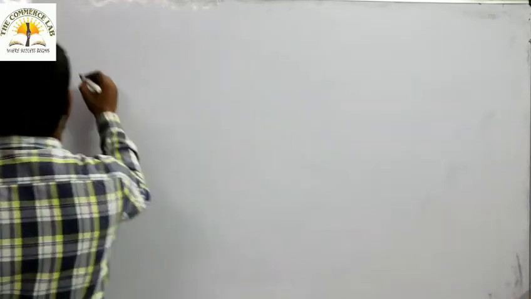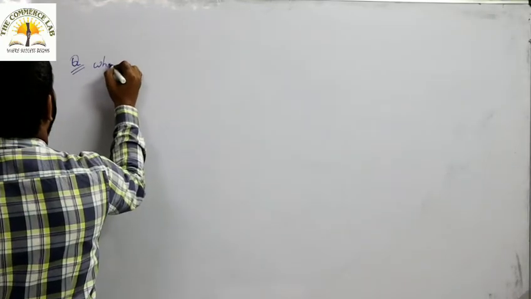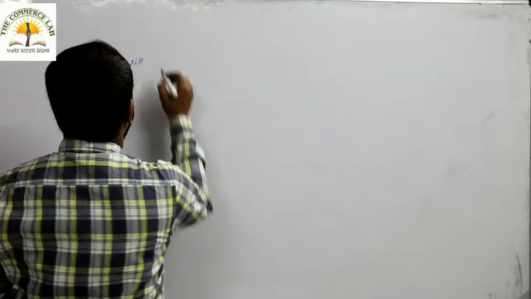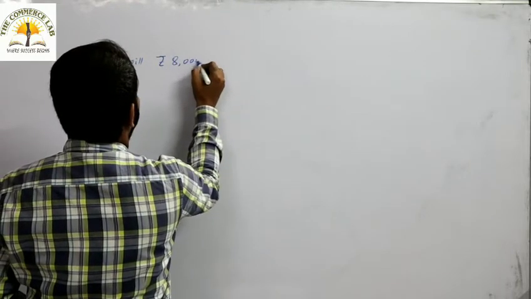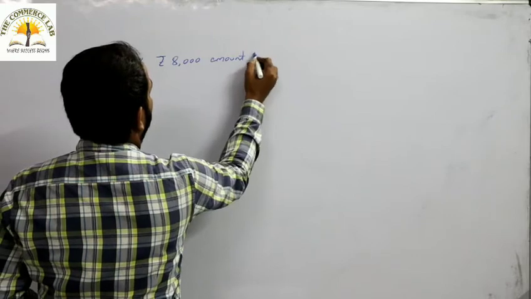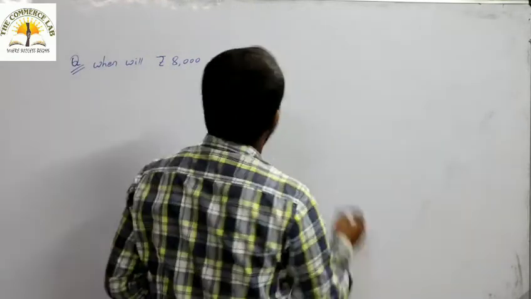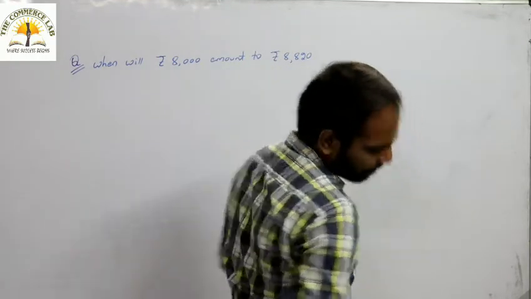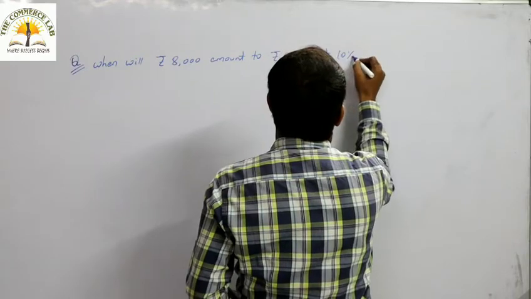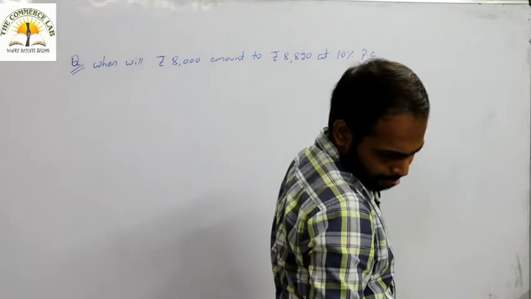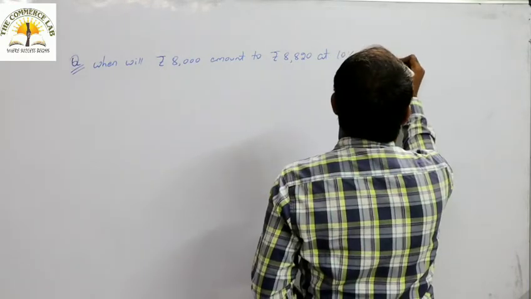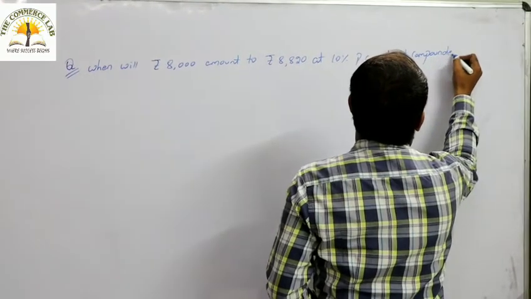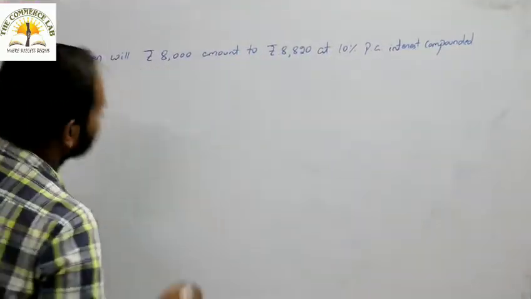When will rupees 8,000 amount to 8,820 rupees at 10% per annum interest compounded half yearly?